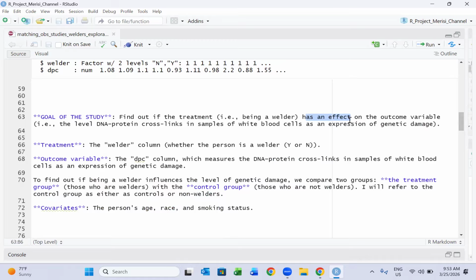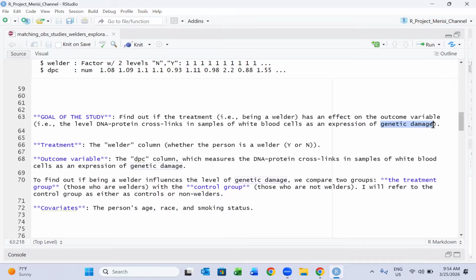Okay, all right. Now, in this example, what could be a possible important unobserved covariate? One that I can think of is the family history of this specific genetic damage. Here the dependent variable is the level of one specific genetic damage, right? So what is the family history of welders and non-welders with respect to that genetic damage? Ideally, for the groups to be comparable, the family history should be similar between welders and non-welders.